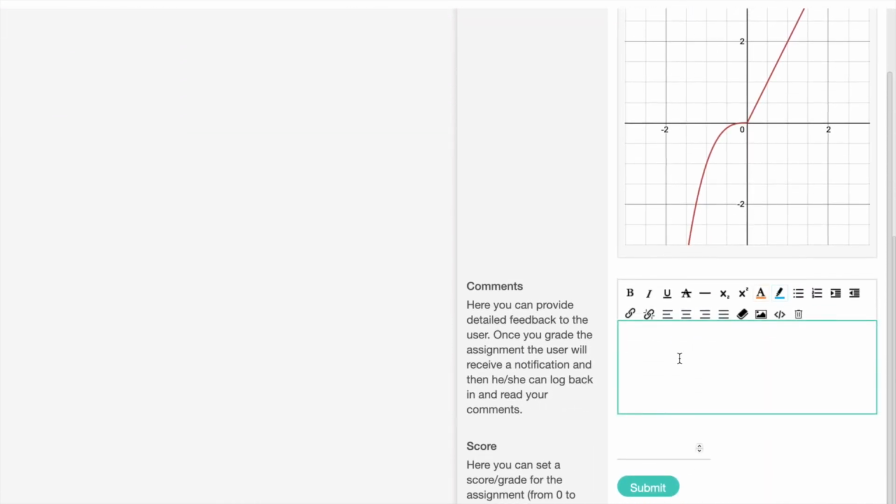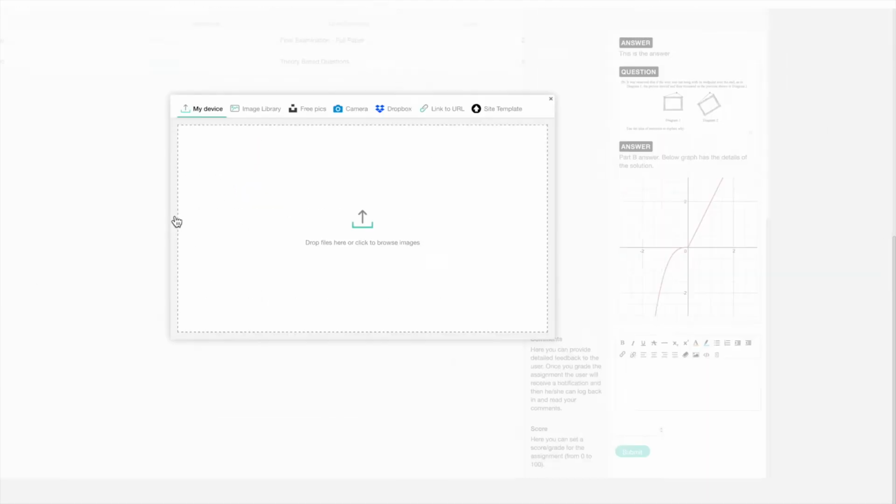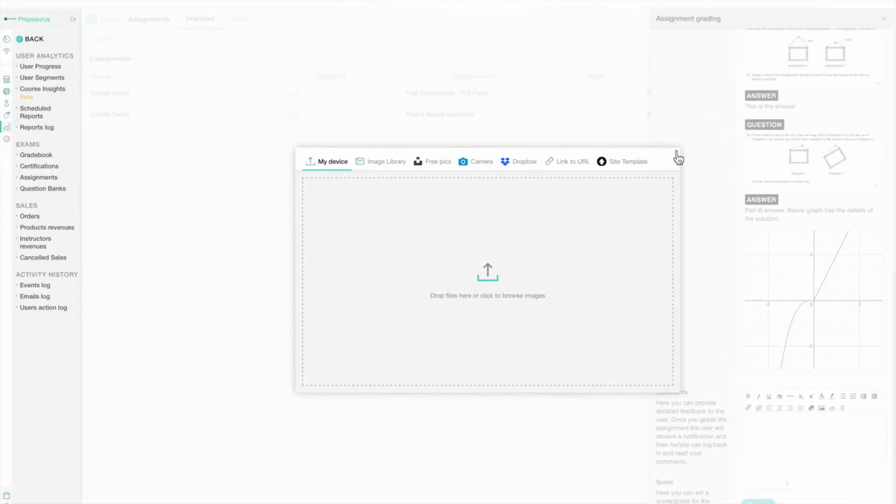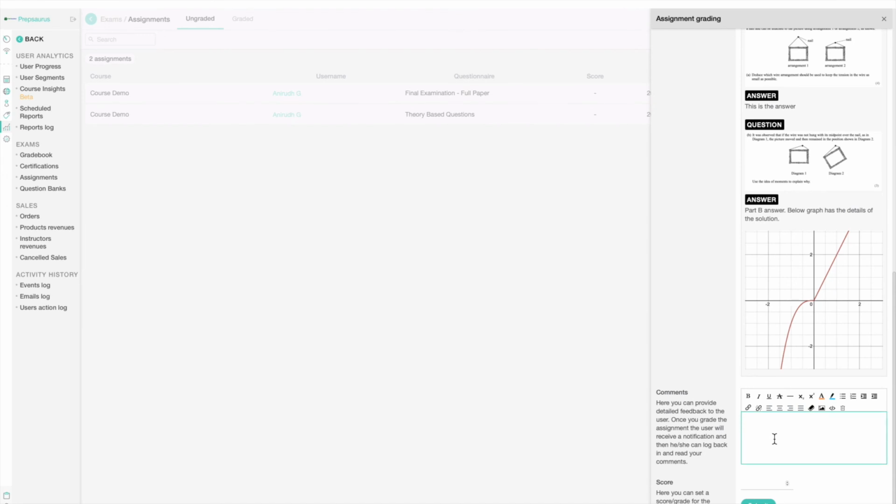Here again, the teacher has an option to upload their comments through videos or files, or give the feedback in the form of a text, and then provide the grade to the student.